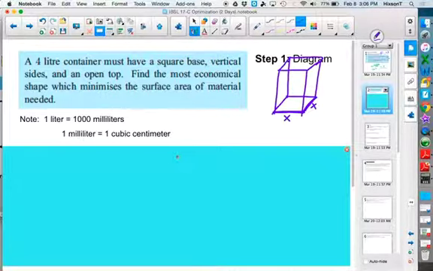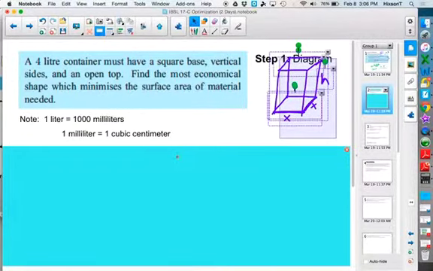Okay, so there's our prism. And I don't know how tall this thing is, but do be careful you don't assume that it's exactly the same height as it is around the base. Okay, so I'm going to actually label this H. Okay? So I have a diagram. It's labeled clearly. And now I know what I'm dealing with, okay?